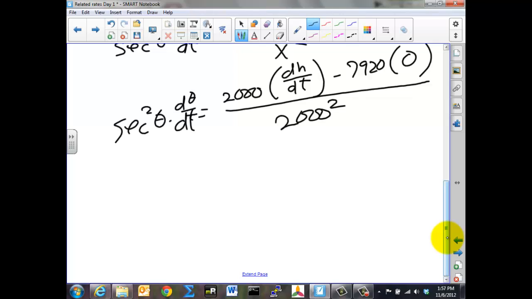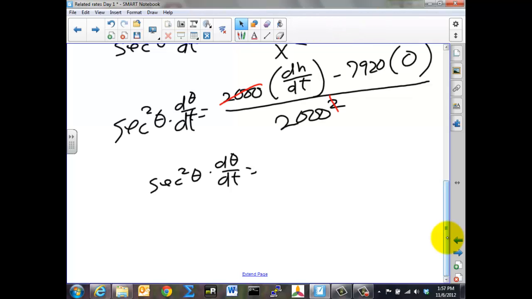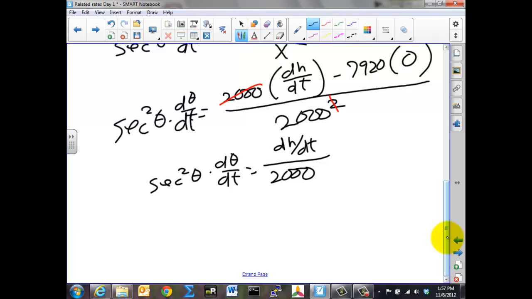So we can say sec squared theta times d theta/dt equals, this behind the minus sign is going to go away, and I'm going to cancel, so it's dh/dt over 2,000. What are we trying to find?